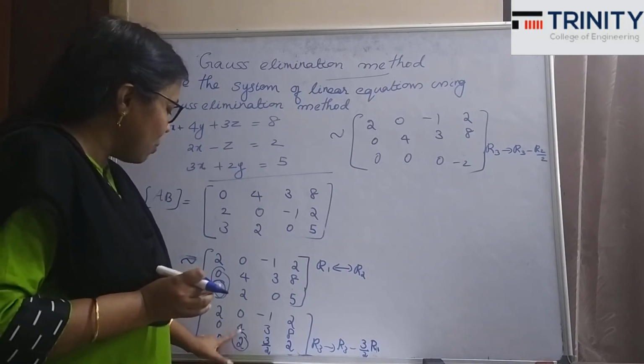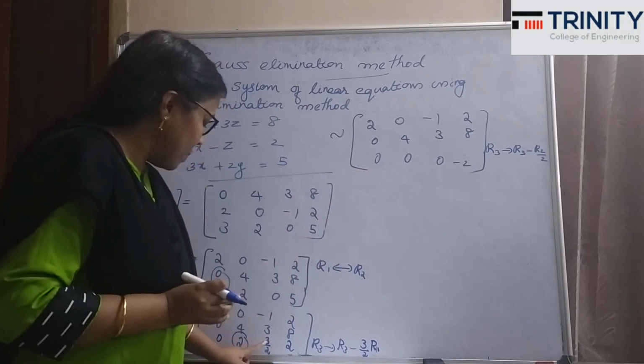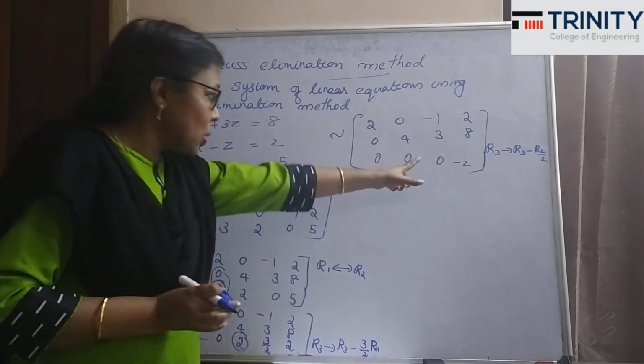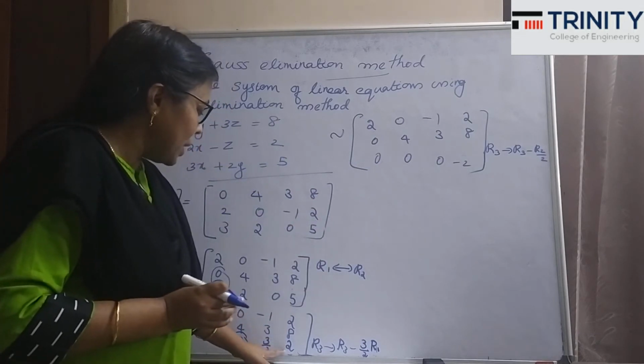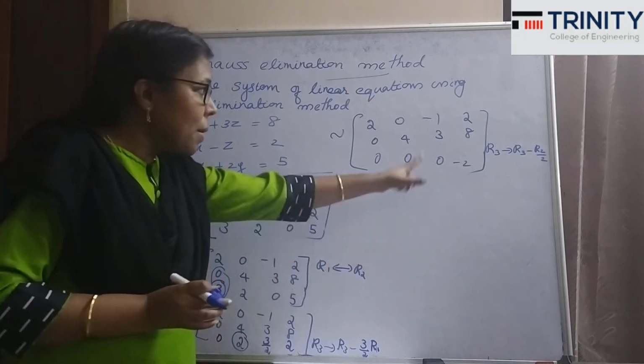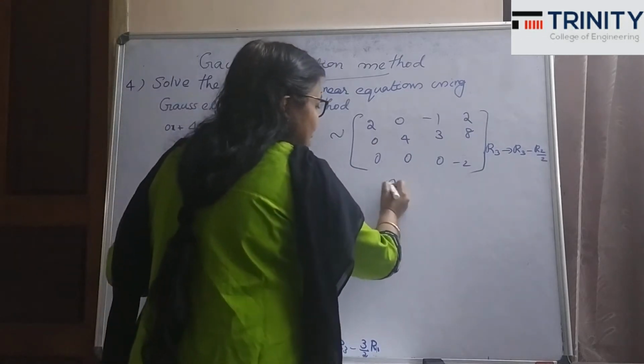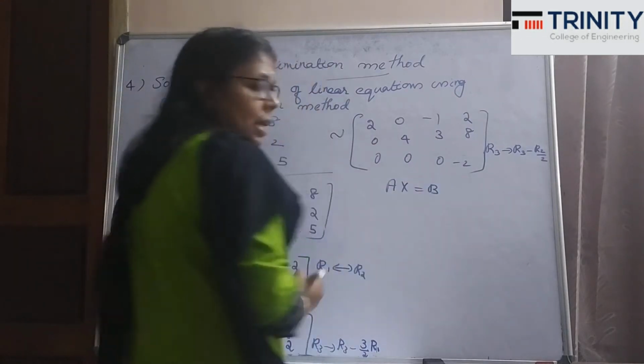That is 2 minus 4 by 2, 0. Then 3 by 2 minus 3 by 2, 0. Then 2 minus 8 by 2, that is minus 2.